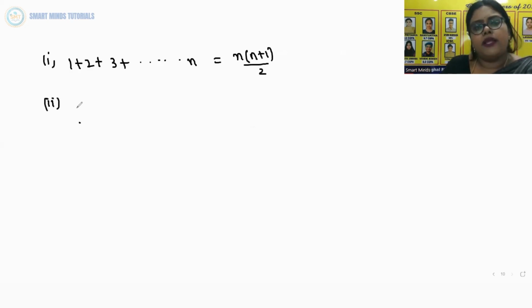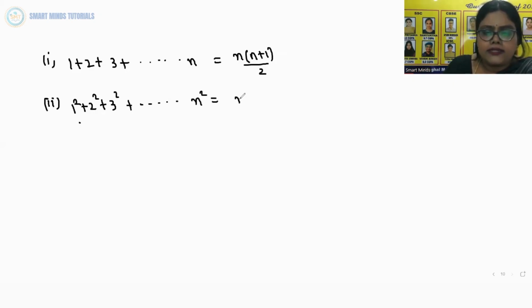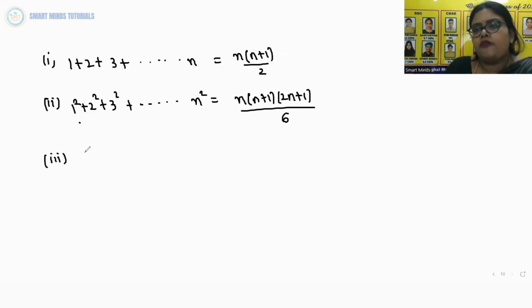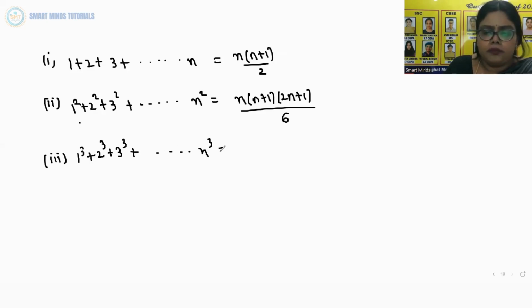Then the second formula, if you want to find the sum of the squares of n terms, that is 1 square plus 2 square plus 3 square plus so on up to n square, that is n into n plus 1 into 2n plus 1 by 6. Then the third one is the sum of cubes of n terms. So 1 cube plus 2 cube plus 3 cube plus so on up to n cube. That is n square into n plus 1 whole square by 4.